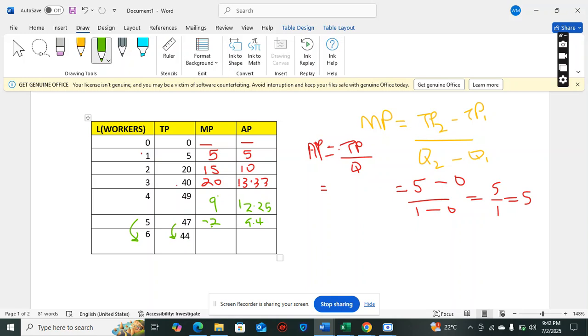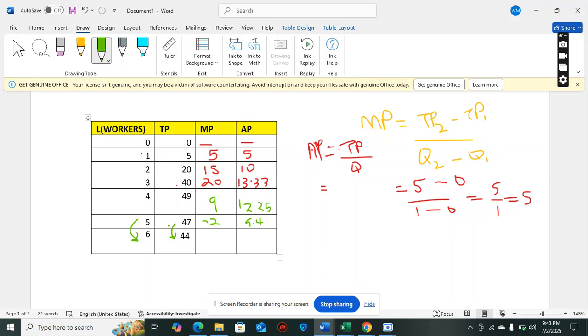Probably as the 4 workers are using the sewing machine, the fifth worker is just waiting there for his turn to use it. Maybe one worker uses it from 10 to 12, the other one uses from 13 to 14 or to 15, the other one 15 to 17. So maybe the fifth worker, the only time he has to use this sewing machine is maybe the next day.